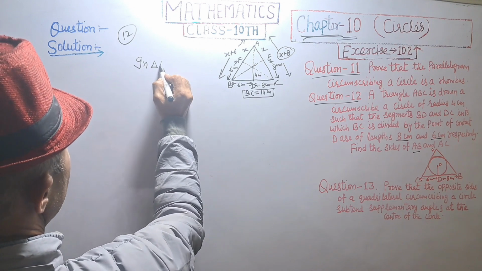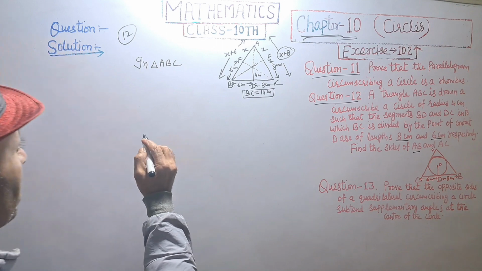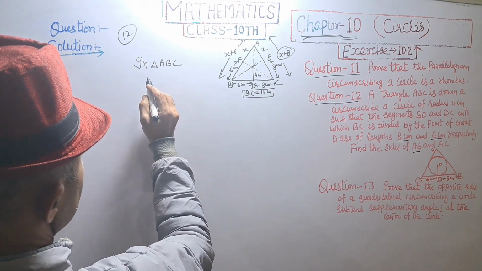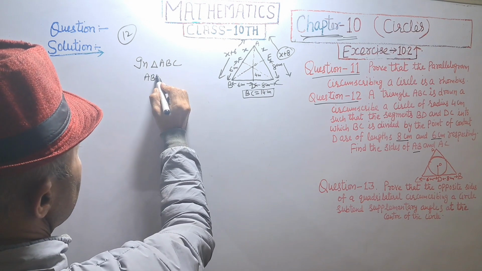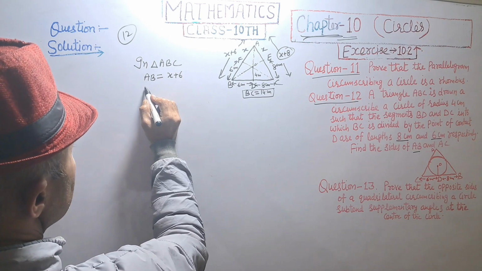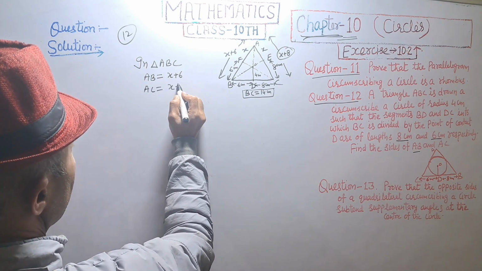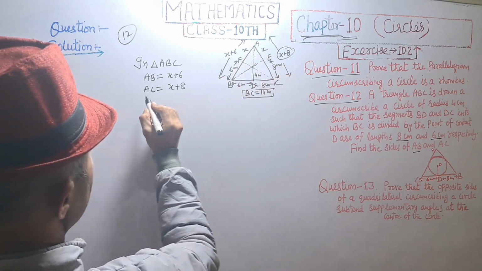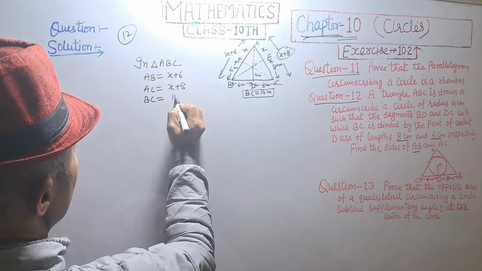In triangle ABC, AB is equal to X plus 6, AC is equal to X plus 8, and BC is equal to 14.